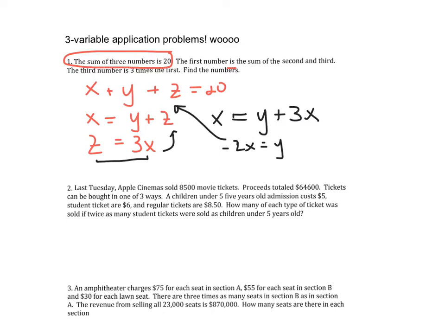So negative 2x is y. So x plus negative 2x plus z, but z is really 3x, equals 20. So now I'll have all one variable by just using substitution. Most of the time we're going to use elimination for these questions, but this one was convenient.